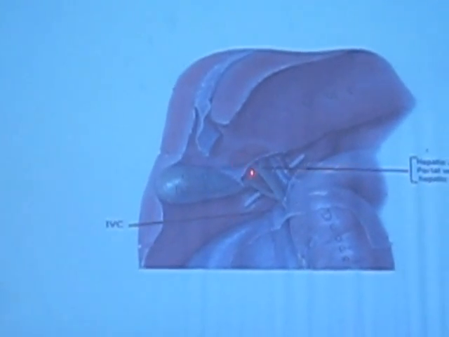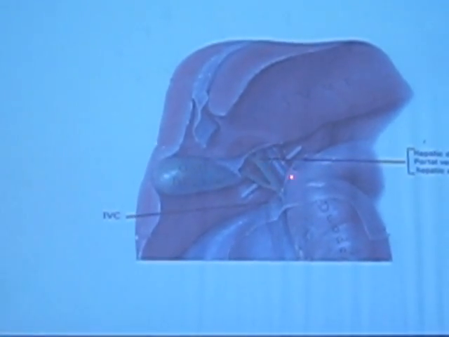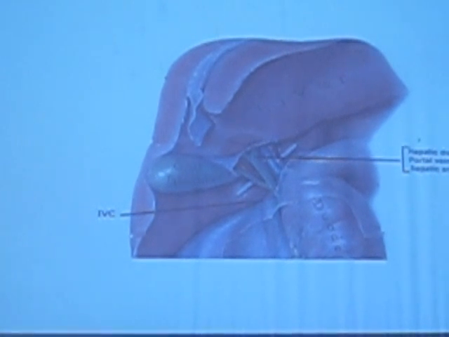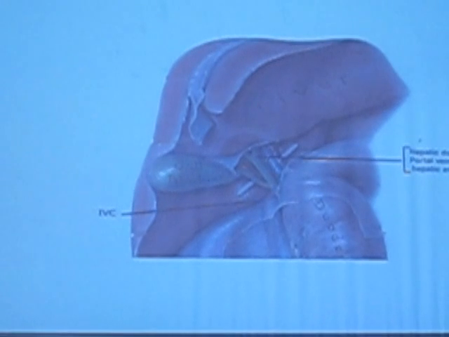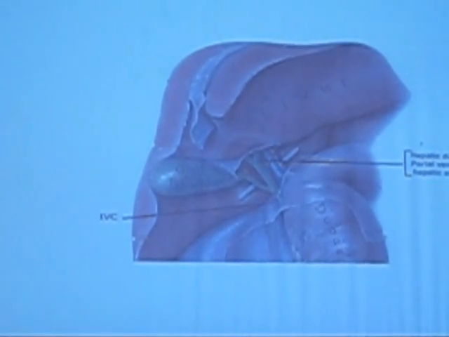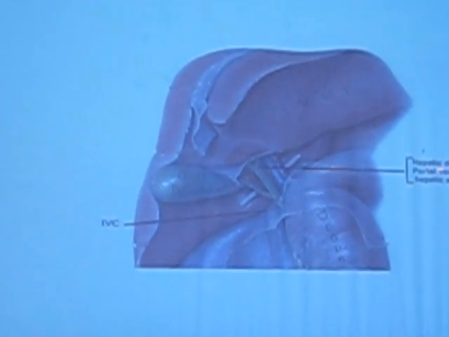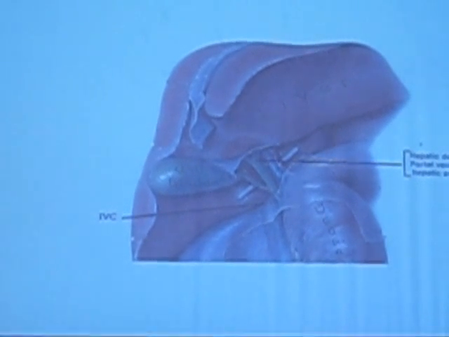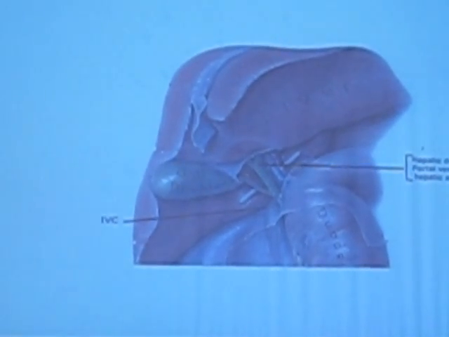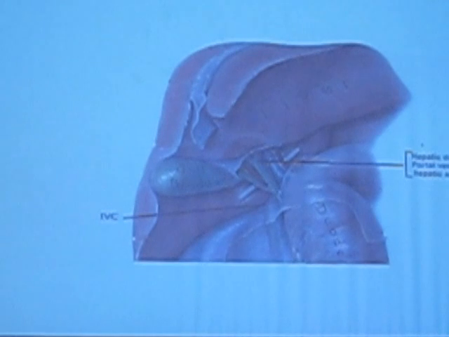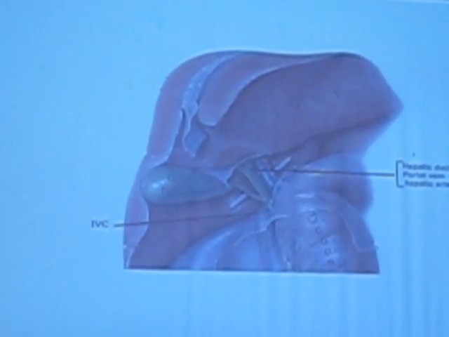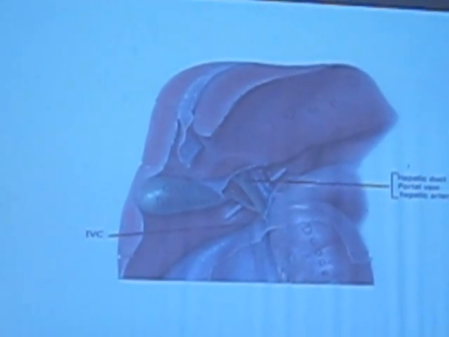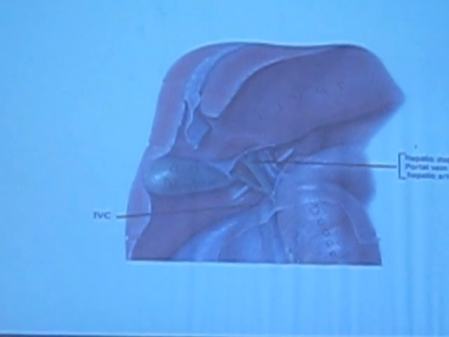This is the edge formed by the gastrohepatic ligament, and its free border contains these structures: the hepatic duct, portal vein, and the hepatic artery.